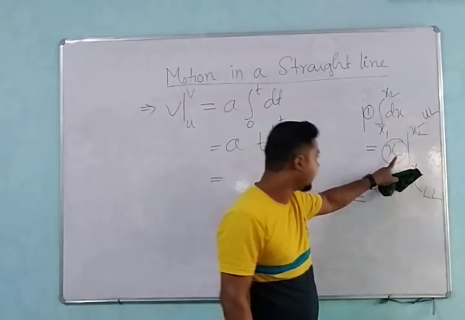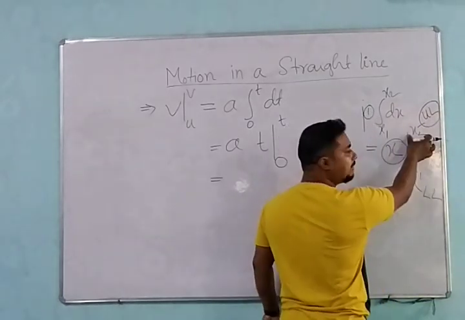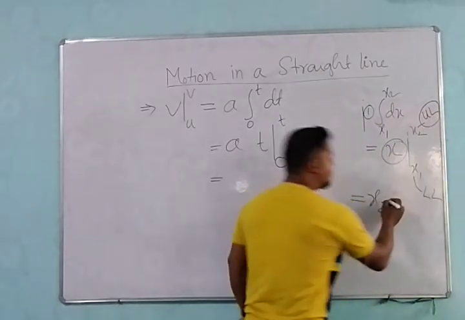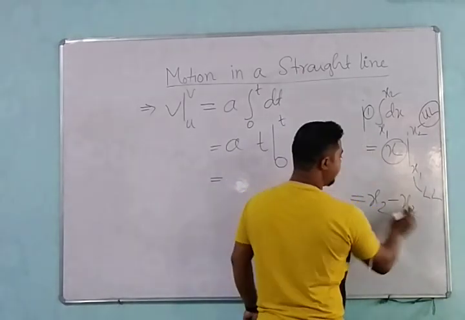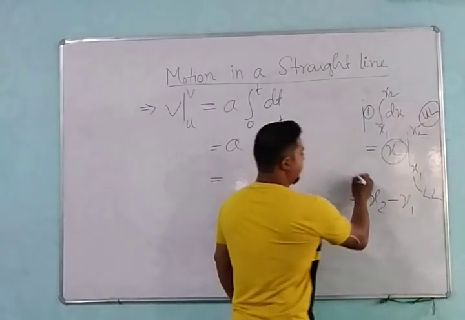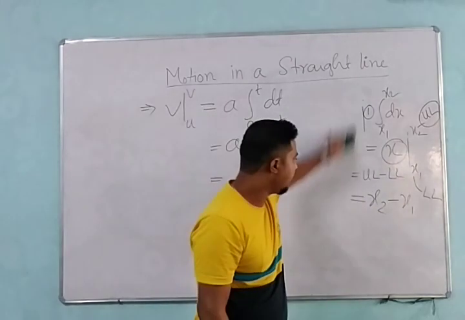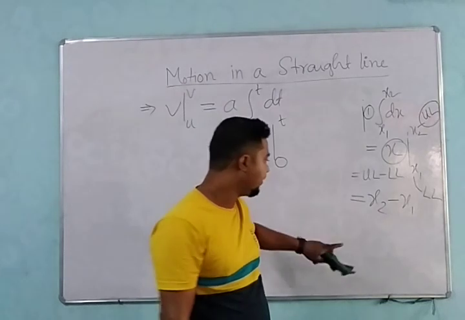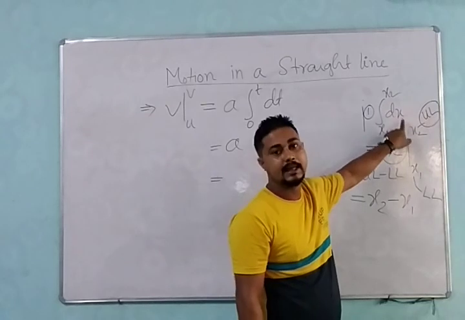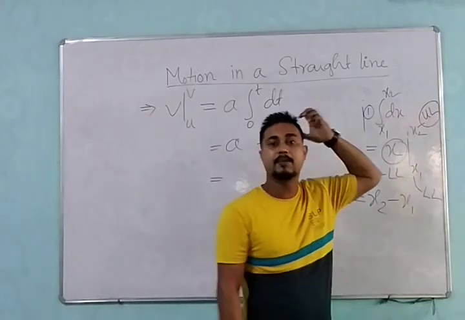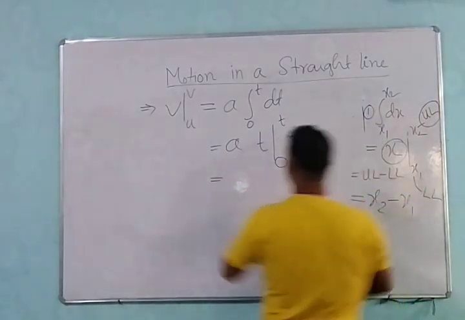In the place of x, we first put the upper limit, x2, minus the lower limit, x1. It is upper limit minus lower limit; these are all standard formulas. So the integration from x1 to x2 of dx gives x2 minus x1.